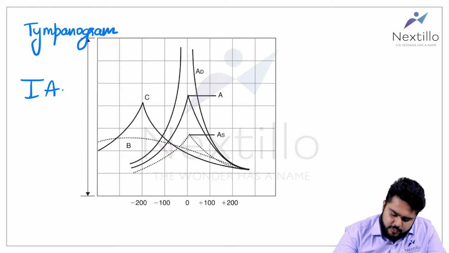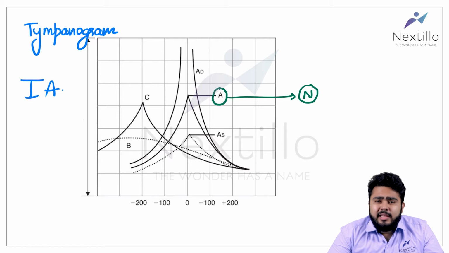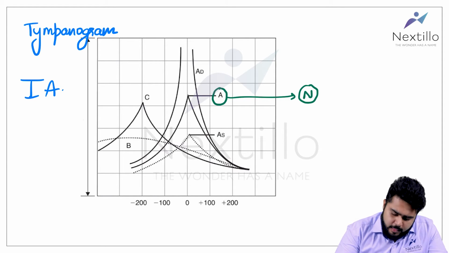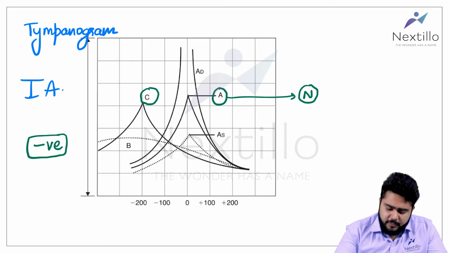If you get a graph which is labeled as A, this is seen in normal condition. You all must know this already. There, they will not mark it as A, they'll mark it as PQR or XYZ, and ask you to identify it. Now this C occurs whenever there is negative pressure in the middle ear.